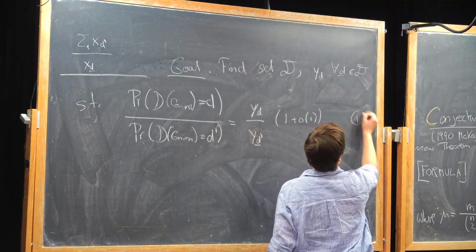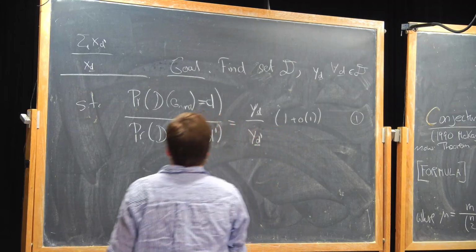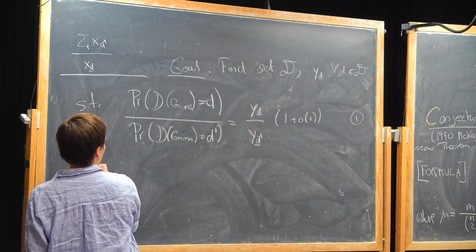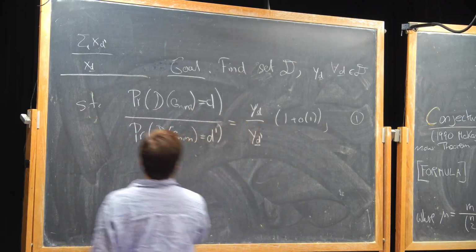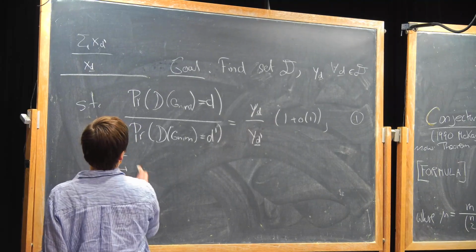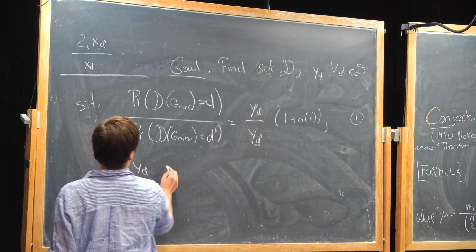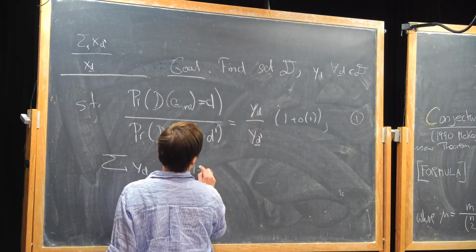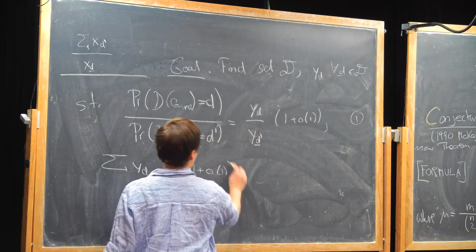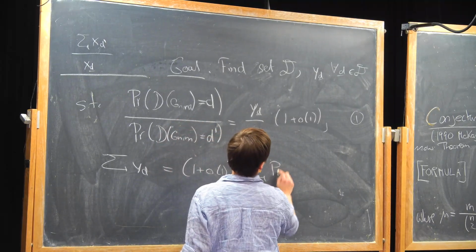That's a ratio goal we want to achieve. Then we also want that the sum of the YDs is equal to 1 plus little o of 1 times the sum of these probabilities.